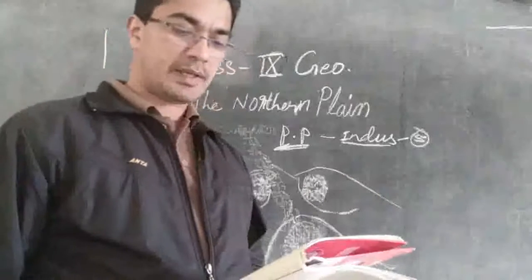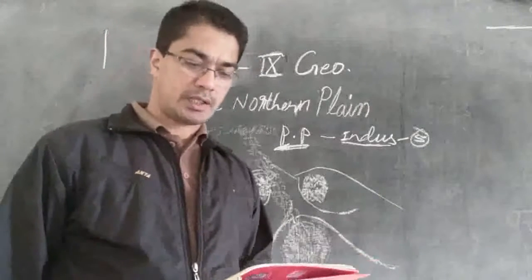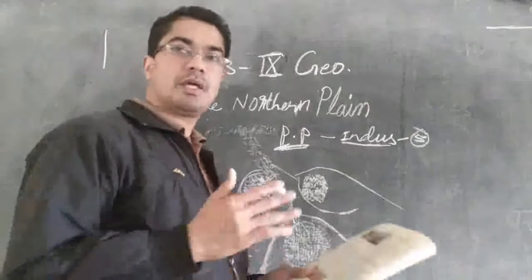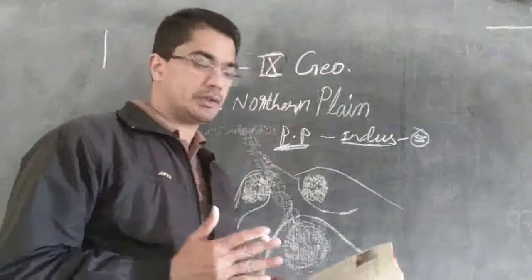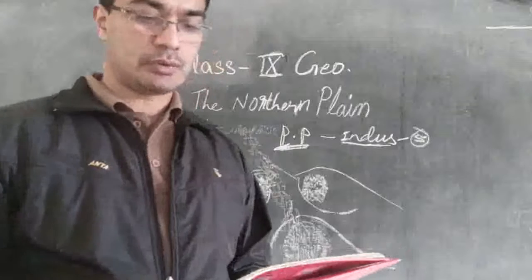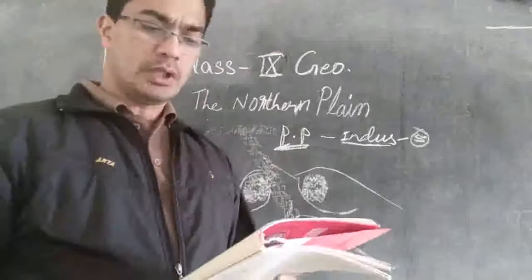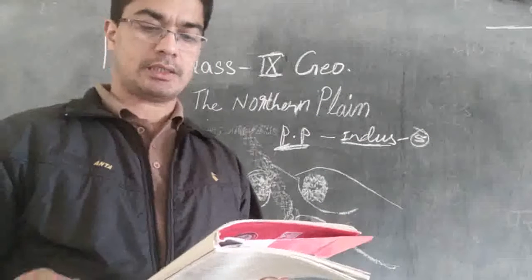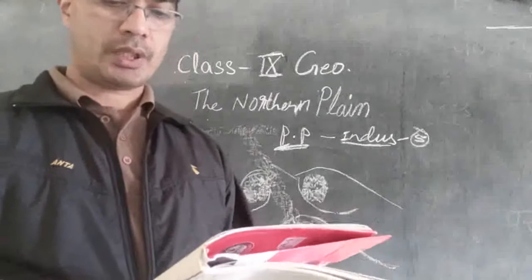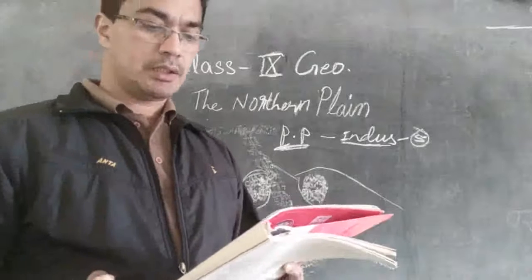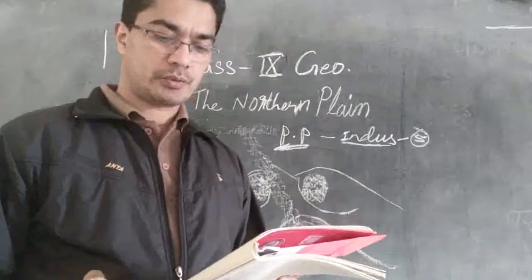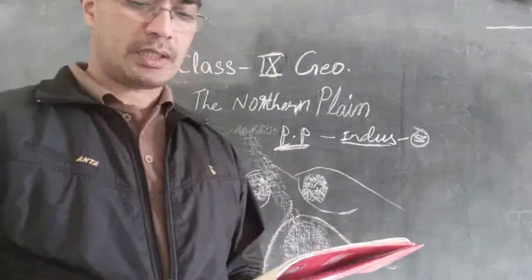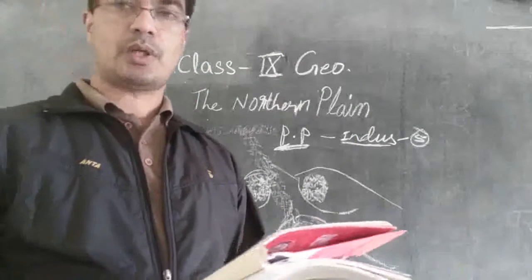The Ganga plain extends between the Ghaggar and Teesta rivers. So the plain that is created by this Ganga river is extending up to the Teesta river. It is spread over the states of North India: Haryana, Delhi, UP, Bihar, partially Jharkhand, and West Bengal to its east, and particularly in Assam lies the Brahmaputra plain.